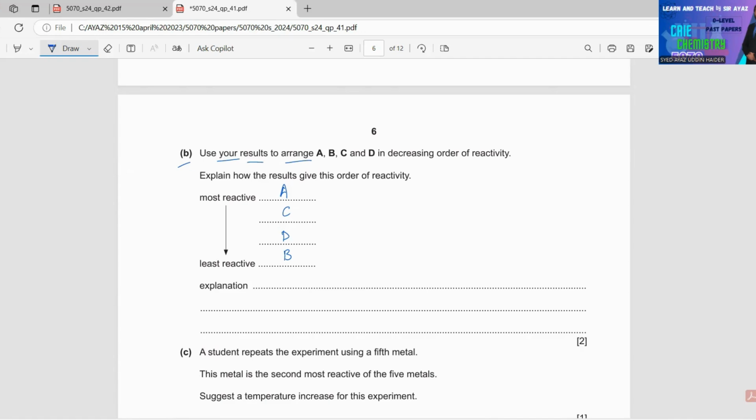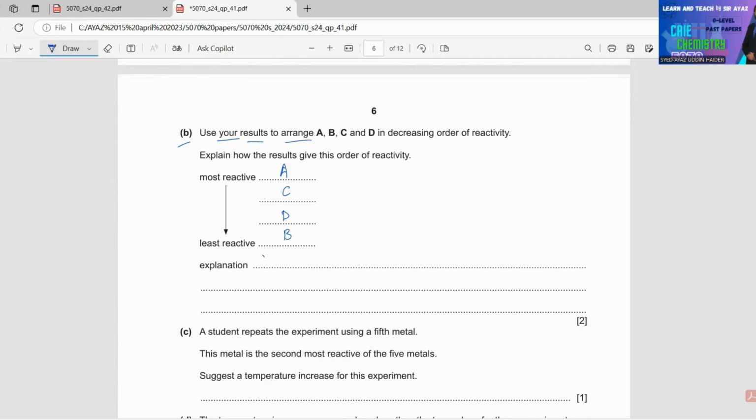For the explanation, you will write: the greater the temperature change, the more reactive the metal.